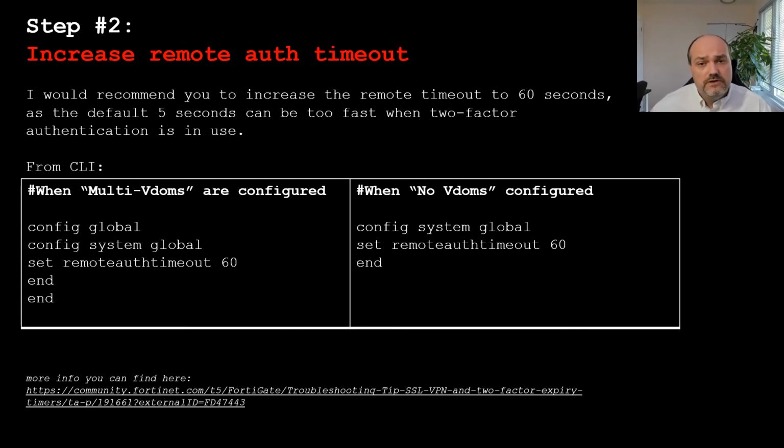Plus, you will need to approve the code. So the minimum time should be 20-30 seconds. In normal environment, I would say that will be 60 seconds. To configure those, you will need to go to the config system global, set remote auth timeout 60, end.